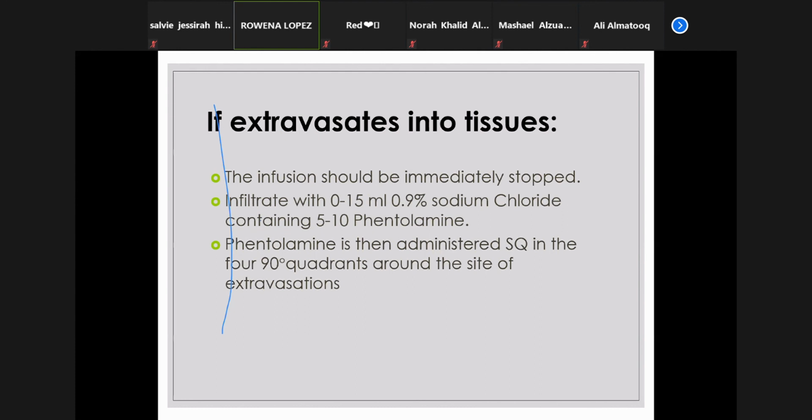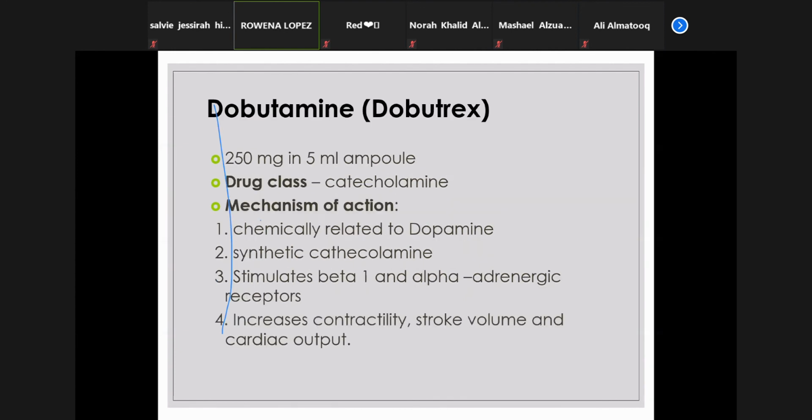The doctor should order 10 to 15 ml of 0.9% sodium chloride containing 5 to 10 milligrams of phentolamine. Phentolamine is then administered sub-Q in the four quadrants around the site of extravasation. So this is how to prevent the necrosis.